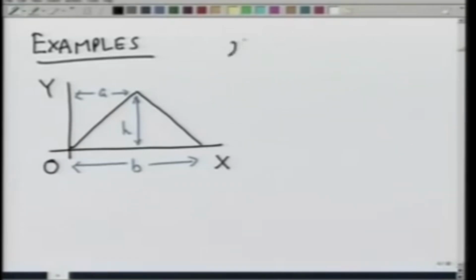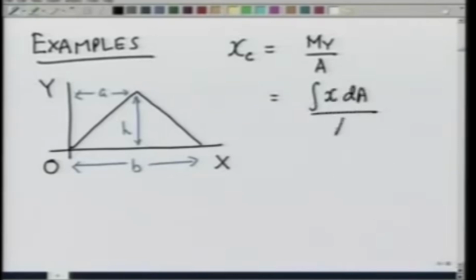Let us first calculate xc, which is related to my divided by the total area, which is equal to integration x dA over the total area. To calculate x dA, or the moment about the y axis, let me take a small area dA like this parallel to the y axis.